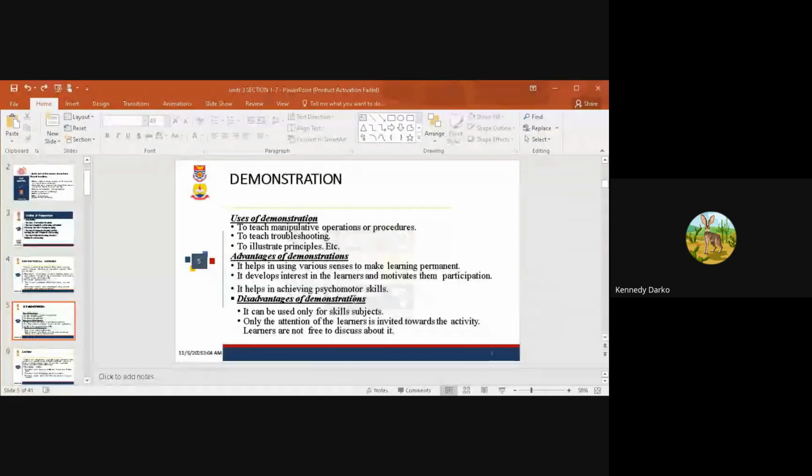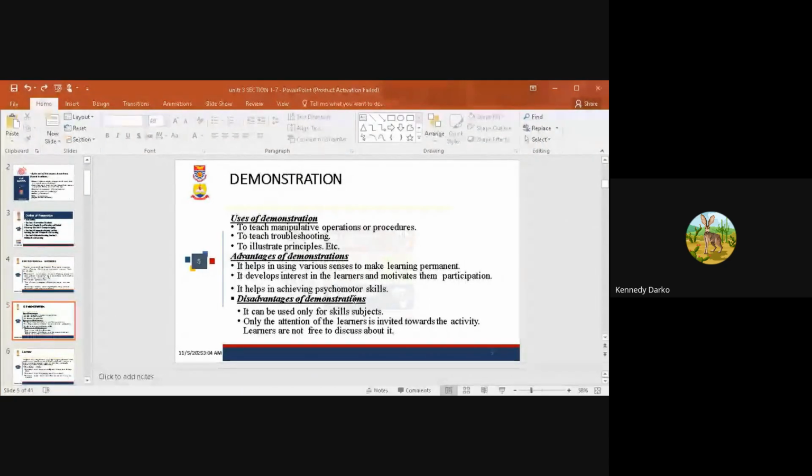How you suck the base, you use the pipette, the burette to take the base. It's a skill that you have to use your fine motor to do. But we are saying that it is only used for subjects that have to do with that kind of skills.